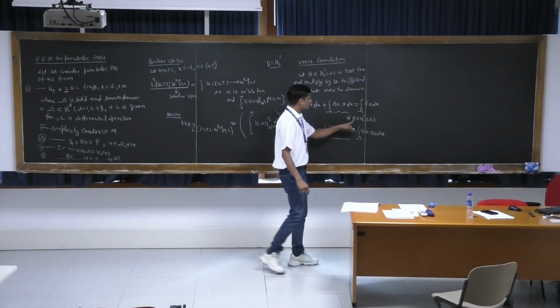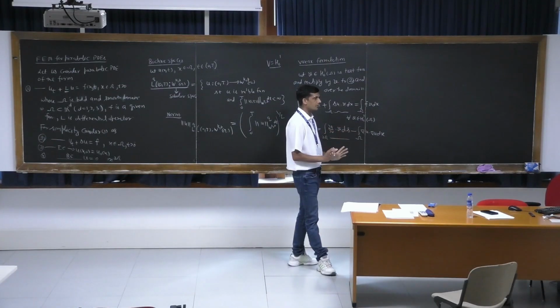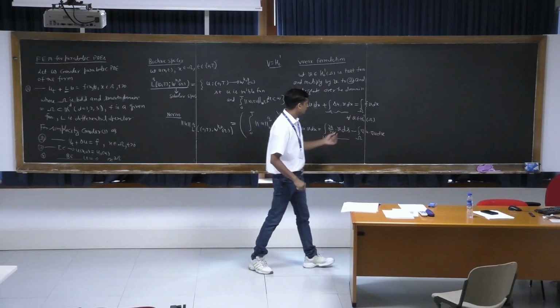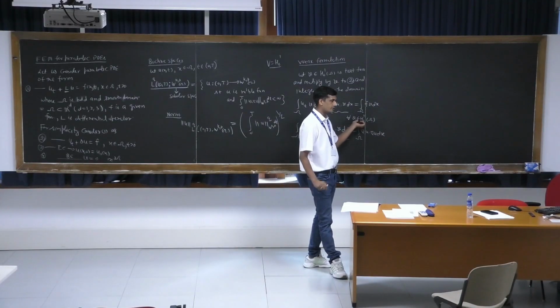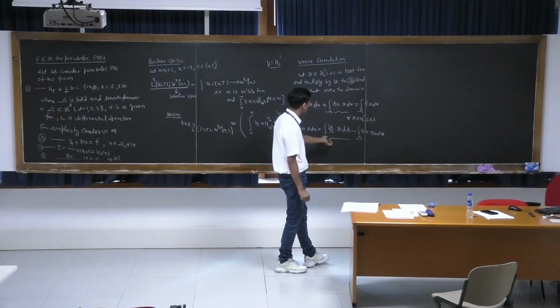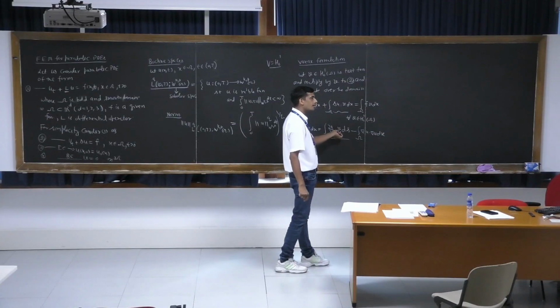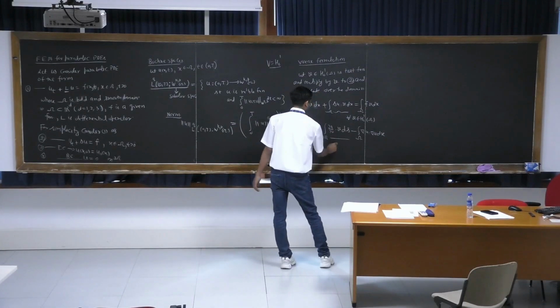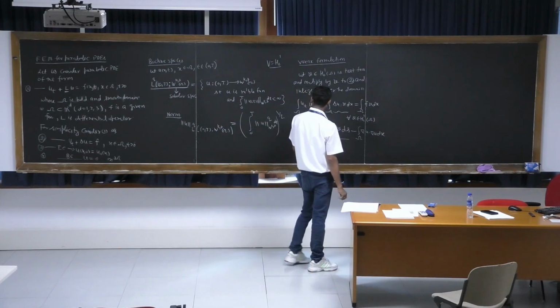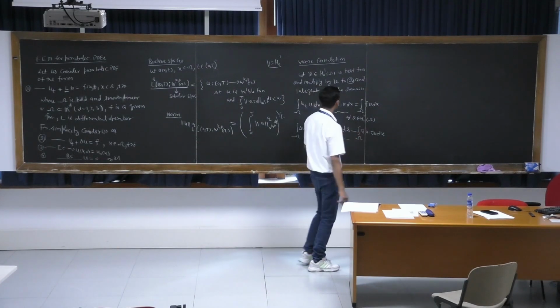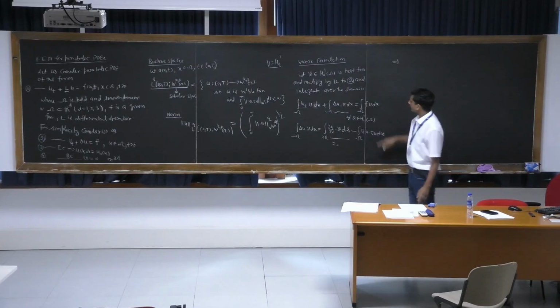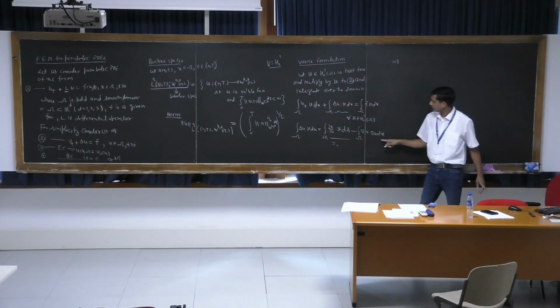Because v comes from H_0^1, where the functions are 0 at the boundary, the boundary term becomes 0, so only the other term remains.